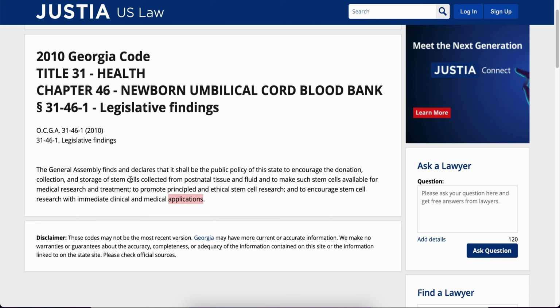See, they're using it for research and whatever. Keep in mind they encourage donation, collection, and storage of all this stuff.